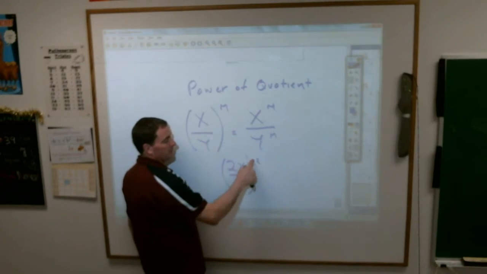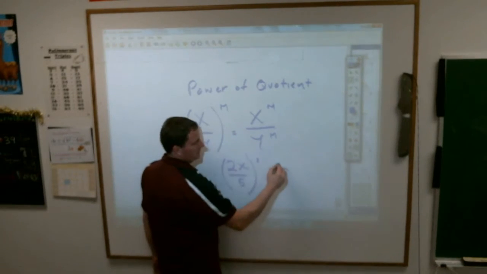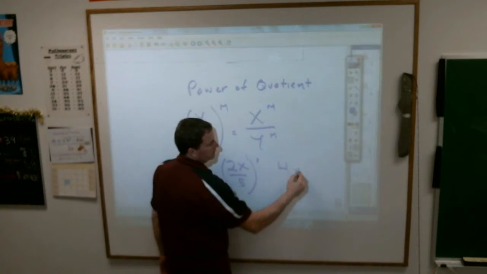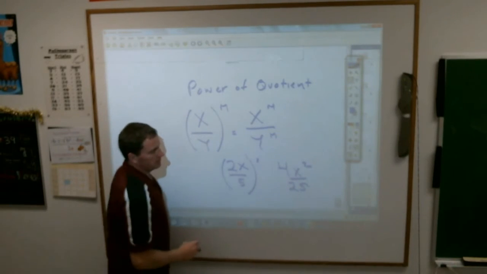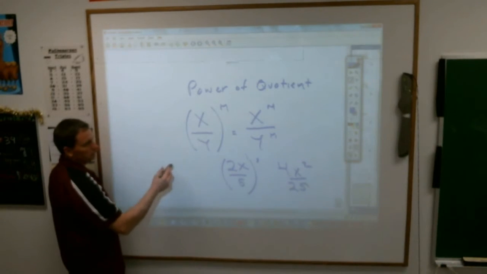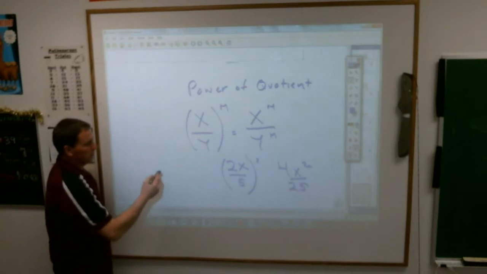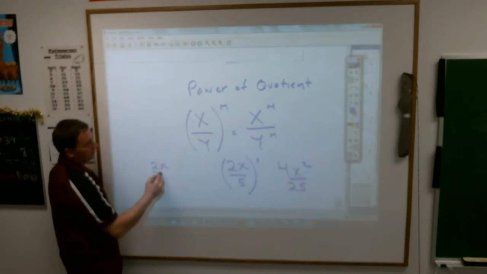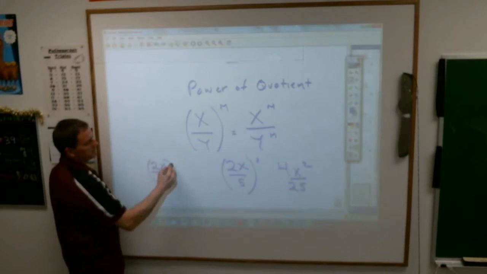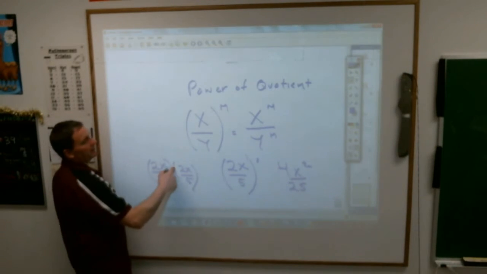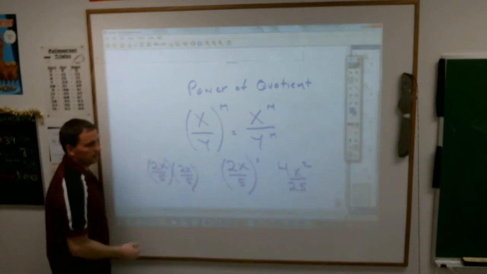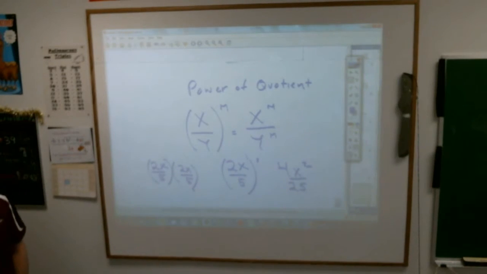No, 2 times 2, you have to square both things. It is 4x squared all over 5 times 5, which is 25. What it really means is you have this 2x over 5 times another 2x over 5. So 4x squared over 25 is the simplified answer.